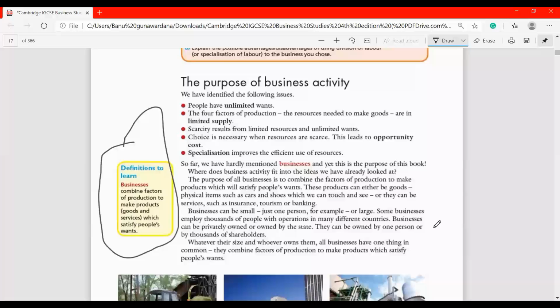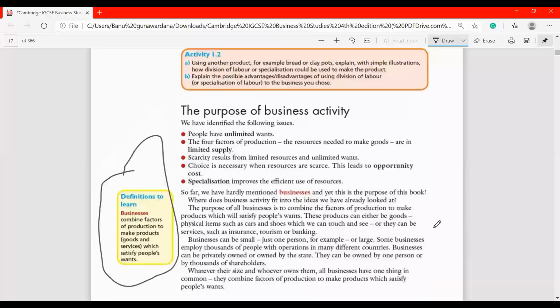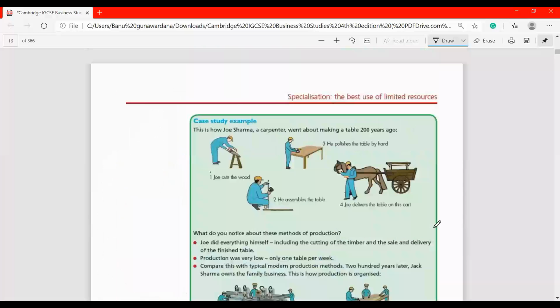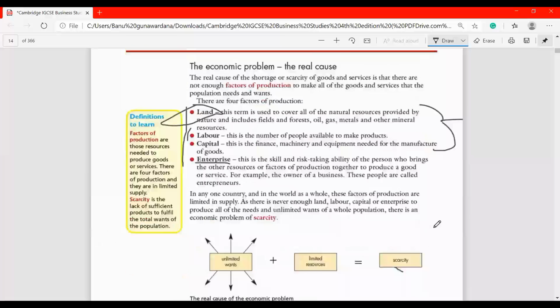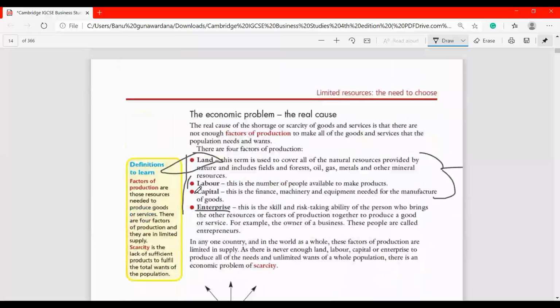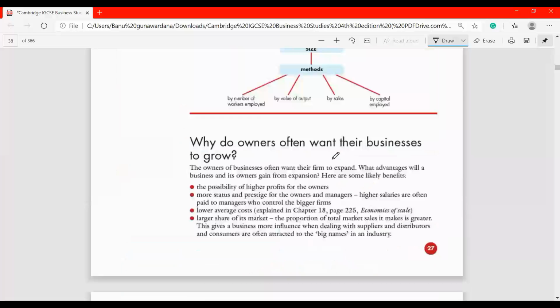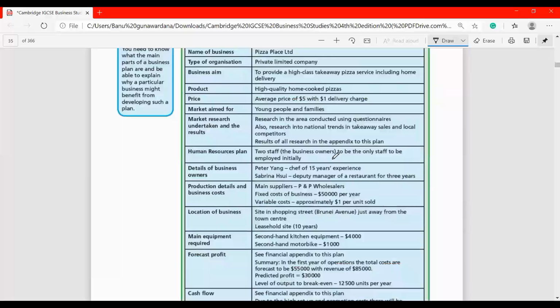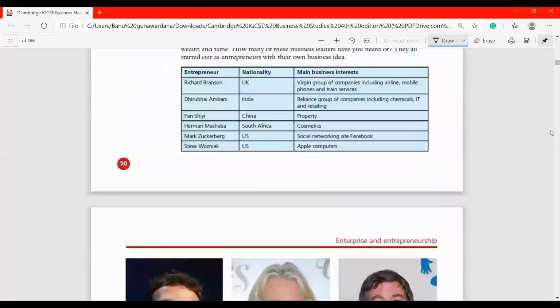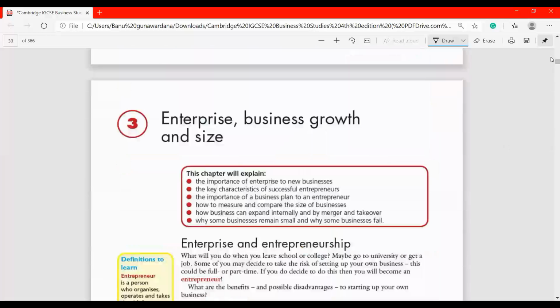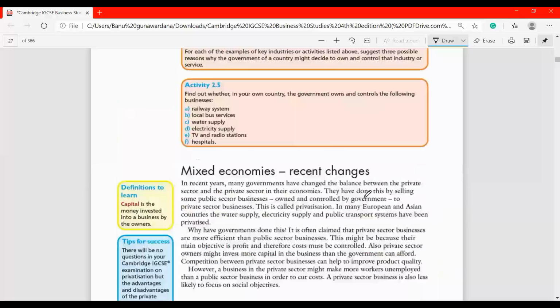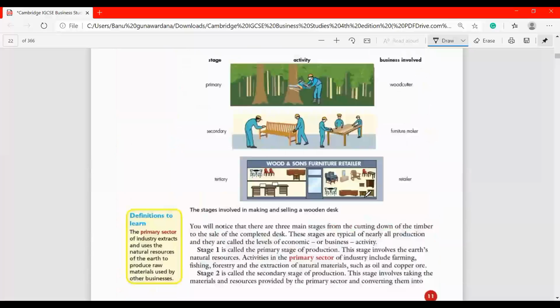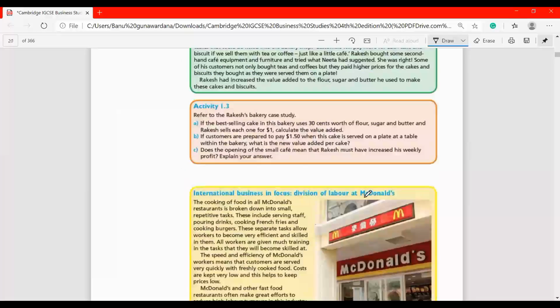So these businesses combine these limited resources, as we have discussed previously, and they produce goods and services which will satisfy people's wants. This is what defines a business.